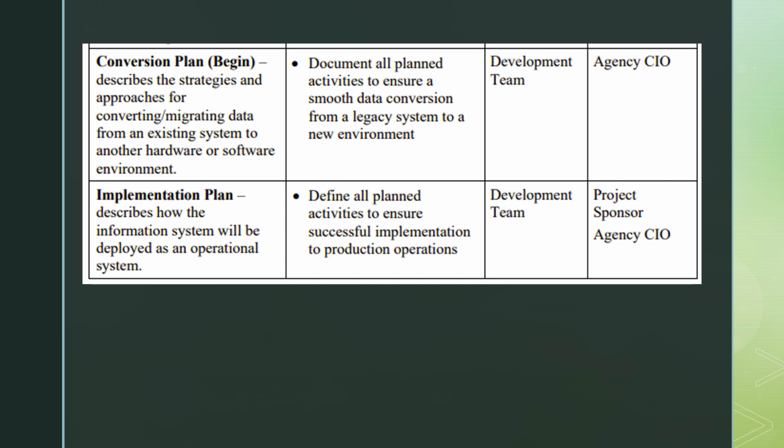This would be developed by the development team and approved by the agency CIO. Next, we have the implementation plan. This describes how the information system will be deployed as an operational system. Its objective is to define all planned activities to ensure successful implementation to production operations. This will be developed by the development team and approved by the project sponsor and the agency CIO.